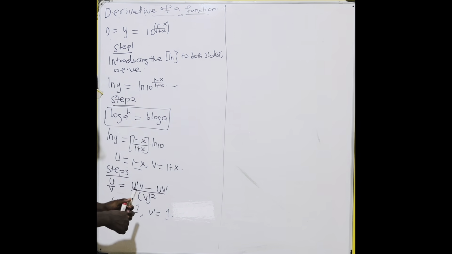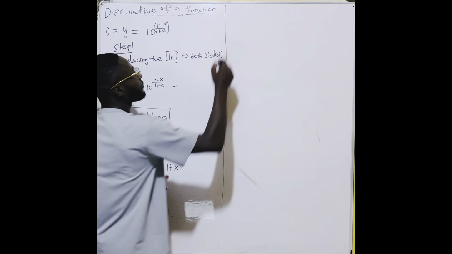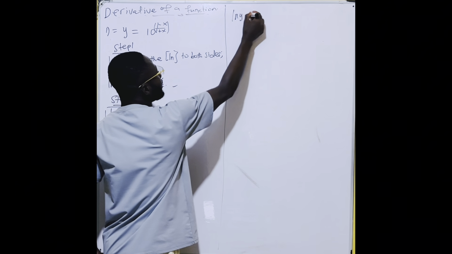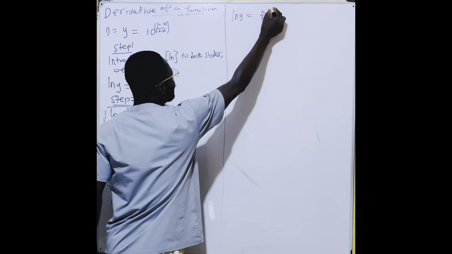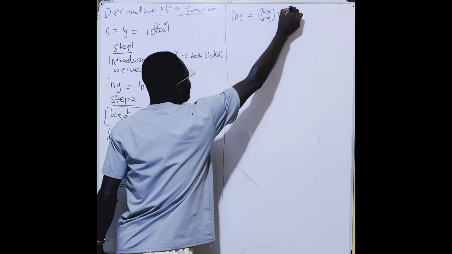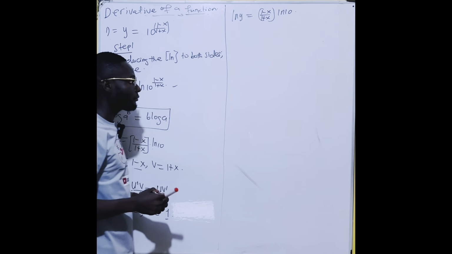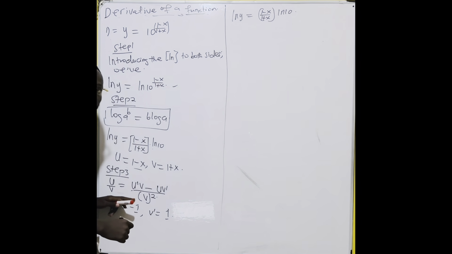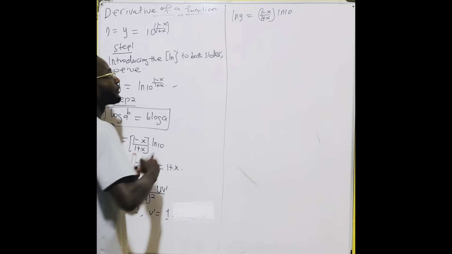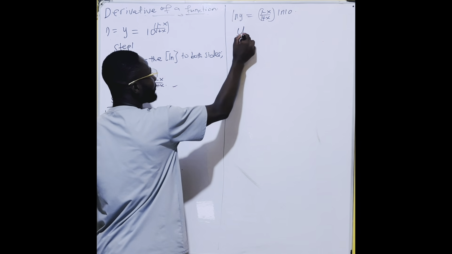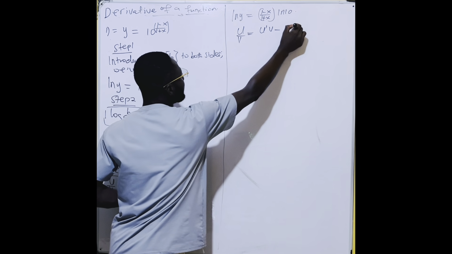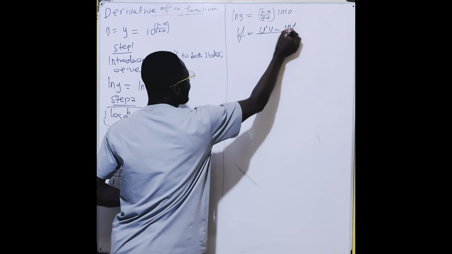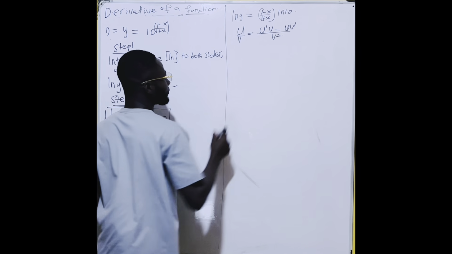Now, let's come up here. ln y equals (1 minus x) divided by (1 plus x) times ln 10. Okay, so we are going to apply the formula. So (u over v) prime equals (u prime v minus u v prime) divided by v squared.